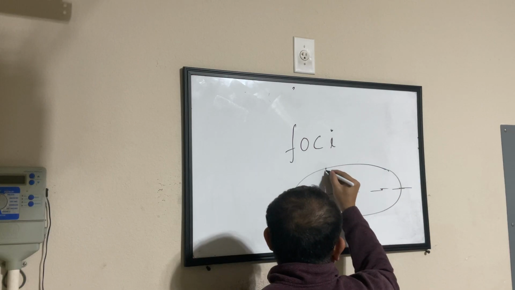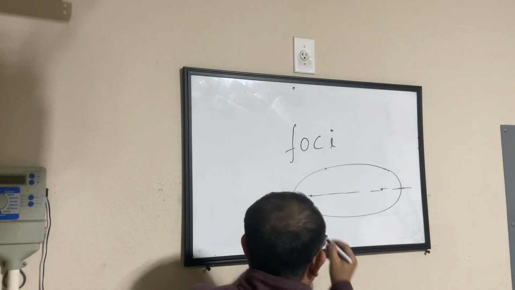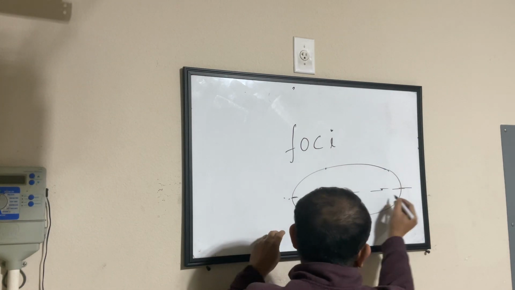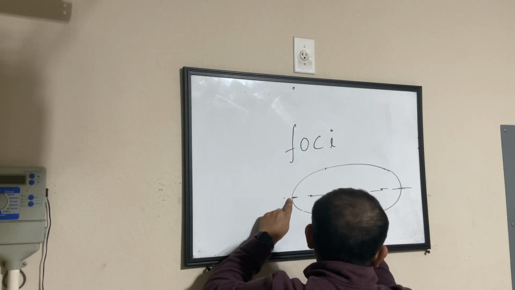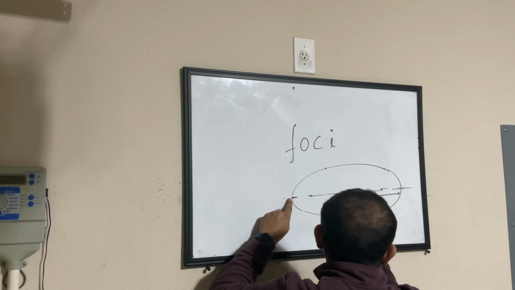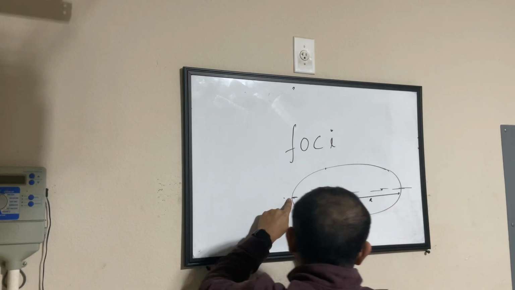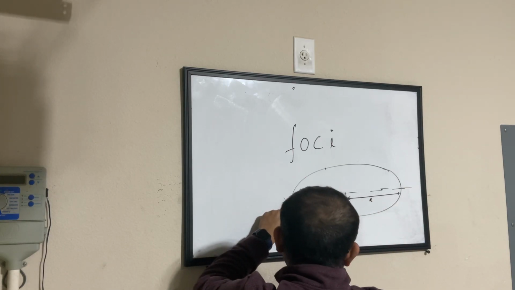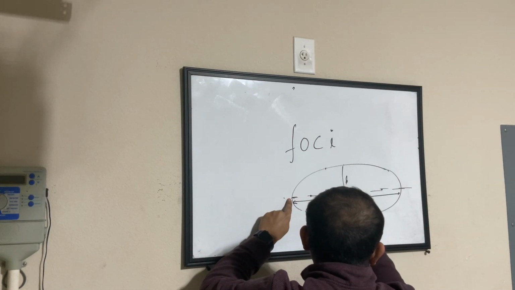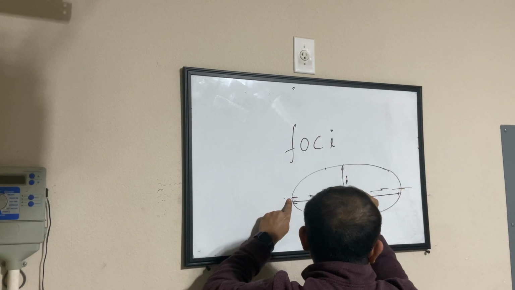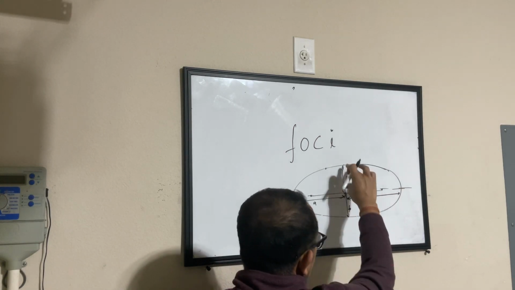You pick up any point. So now let's first look at this major axis, here to here, let's say this is along the x-axis, so this is a and this is also a. Here to here it is b, and this portion is also b. This is the major radius, and this is the minor radius.